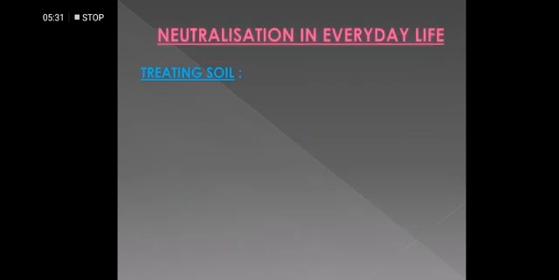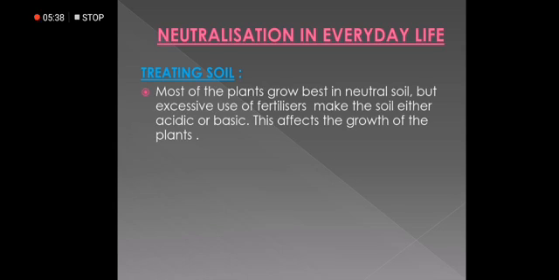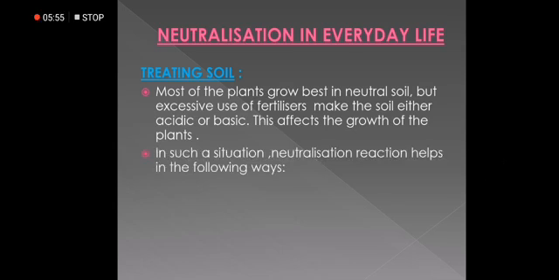Another example of neutralization in everyday life is soil treatment. When the farmers use excess fertilizers, the soil may turn more basic or more acidic. This kind of soil is not fit for the growth of plants. So, to make the plants grow in a healthy manner or to make the soil more fertile, the excess basicity or acidity should be removed.